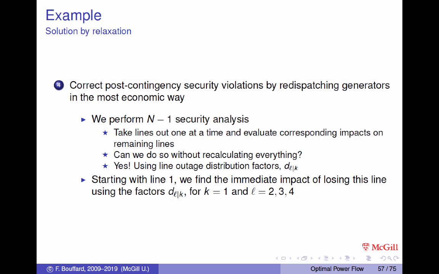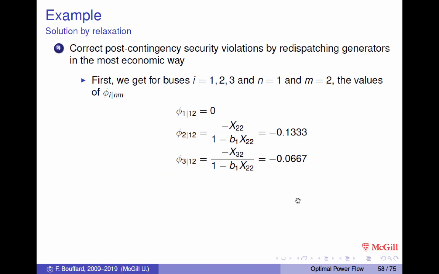Okay, so let's have a look at the impact of losing line K equal 1 on the remaining lines 2, 3, and 4. So one way would be to use the matrix X to determine the sensitivities of the angles to changes in injections.